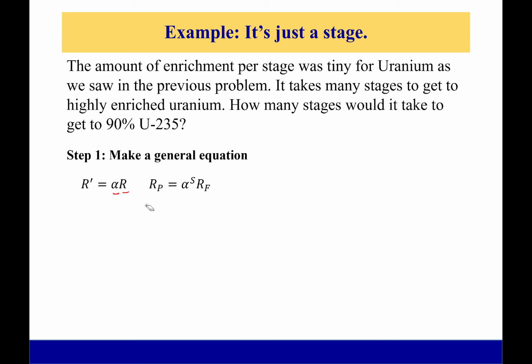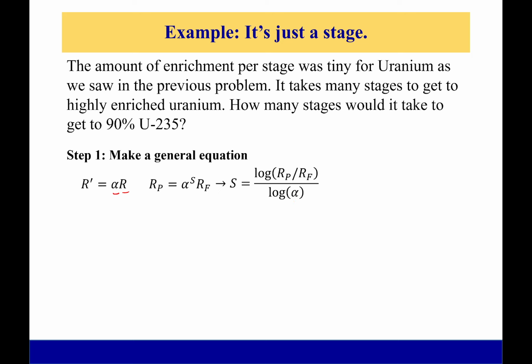Now, I want to solve for the stages, so I'm going to take the natural log of both sides. This will bring the s down from being an exponent. So I have the log of my abundance ratios over the log of my separation factor.